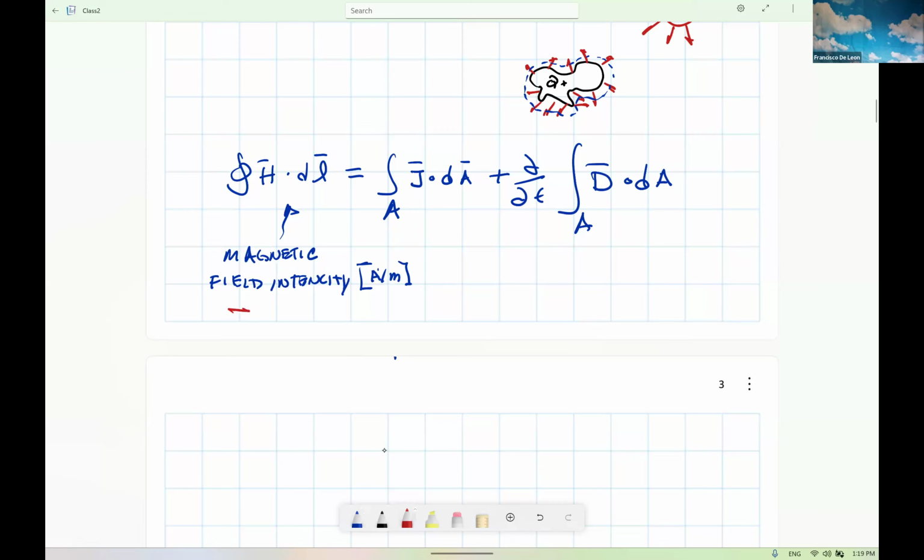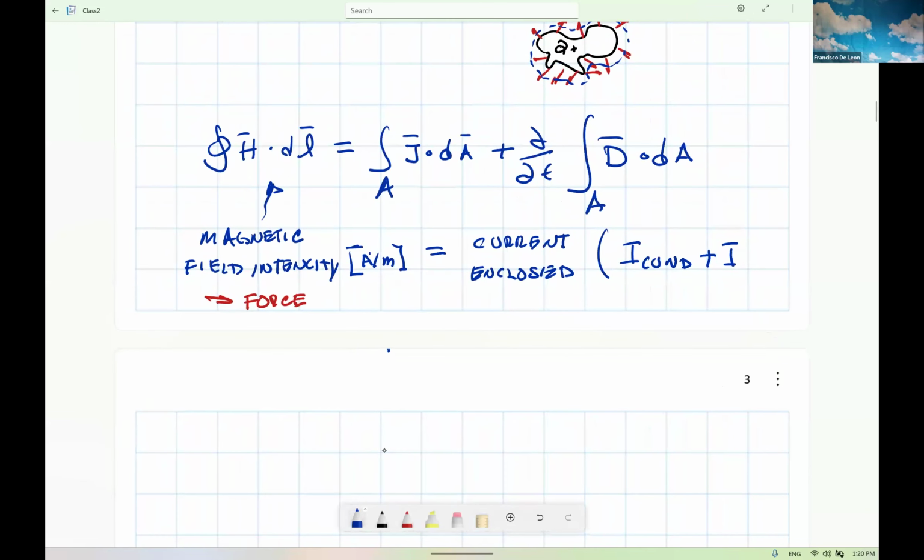But remember, this is the force. So the magnetic field intensity is equal to the current enclosed, but both currents: conduction current and displacement current.